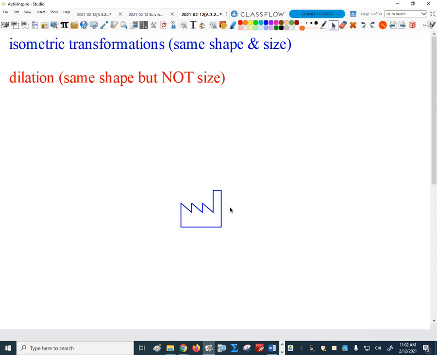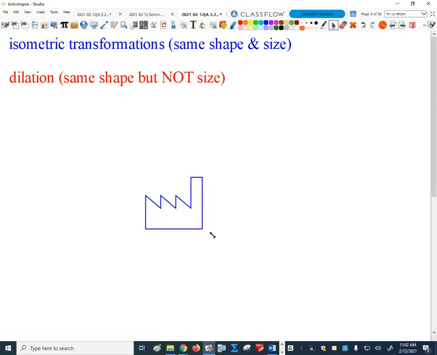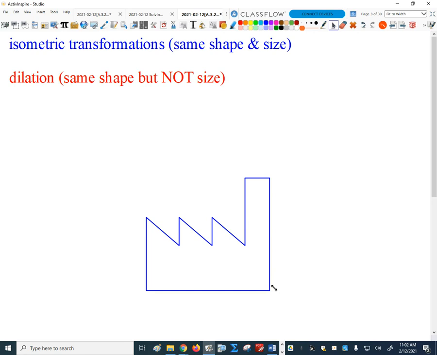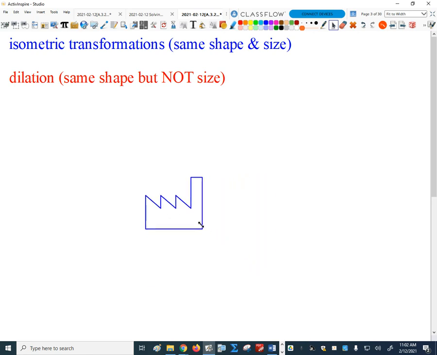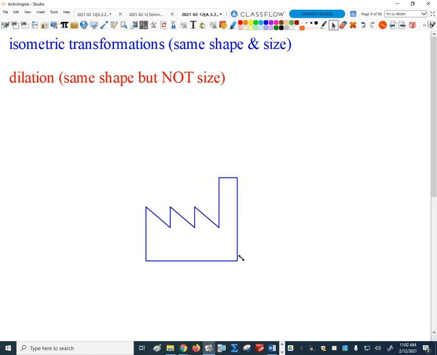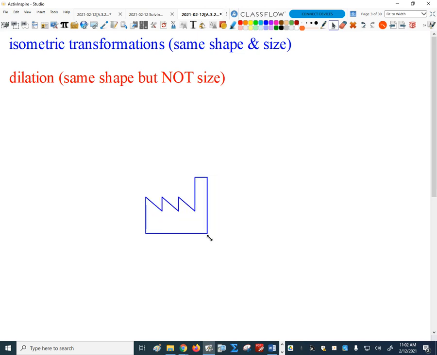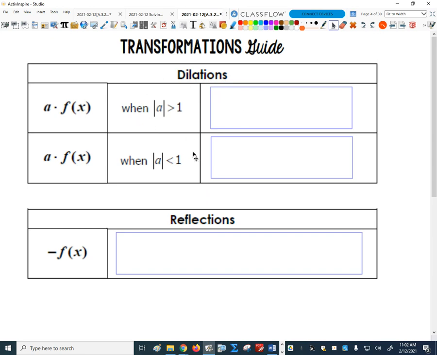So here was a dilation, right? Remember this, doing stuff like this where we either make it bigger, we inflate it uniformly, or we deflate it uniformly. Same shape, different size, right? Okay, we're doing something similar to that with these dilations that we're going to use in algebra.